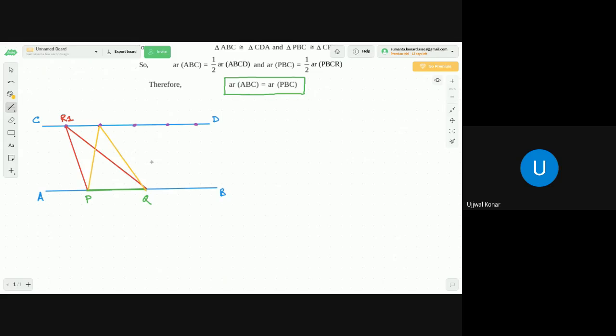The second one, as you see, dear students, has the point R2. So another triangle is R2PQ. The third triangle I'm going to draw in a different color, suppose the purple color. And if you see this triangle, I say this is R3, and the next one is, suppose.